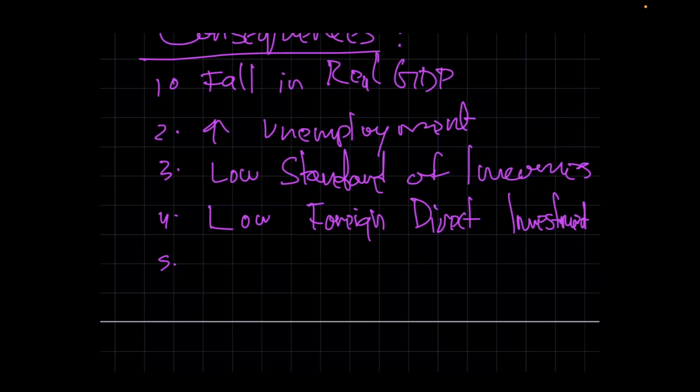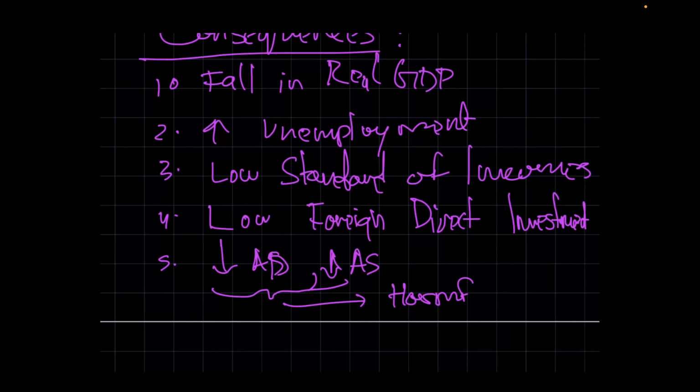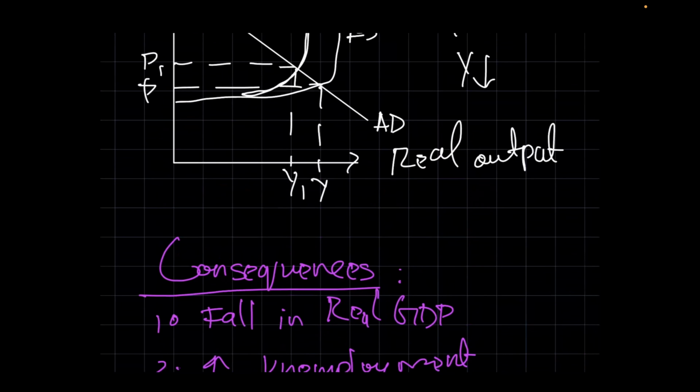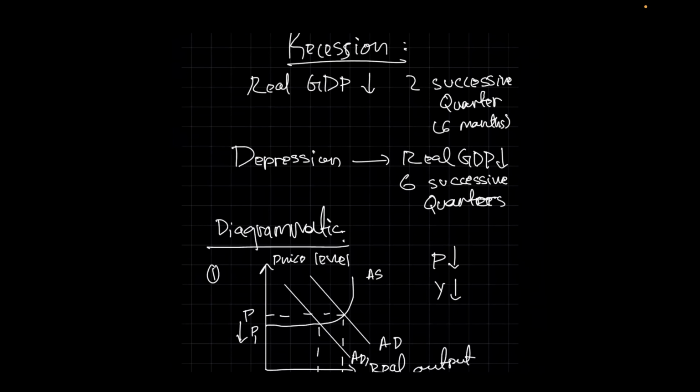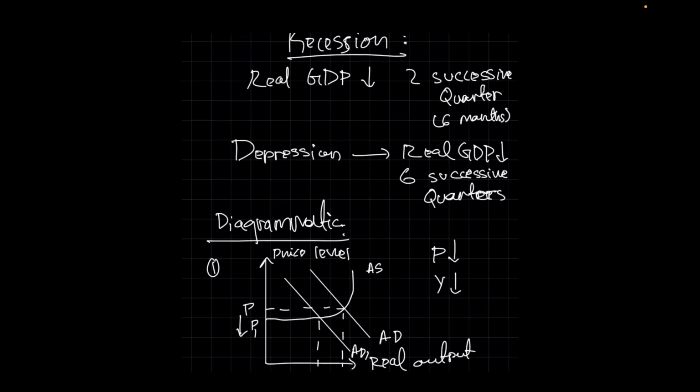Overall there's going to be a decrease in aggregate demand and aggregate supply, which is going to be really harmful to the economy. So now we've looked at the consequences of a recession as well. That is all we need to know about a recession and why economists and governments fear it.